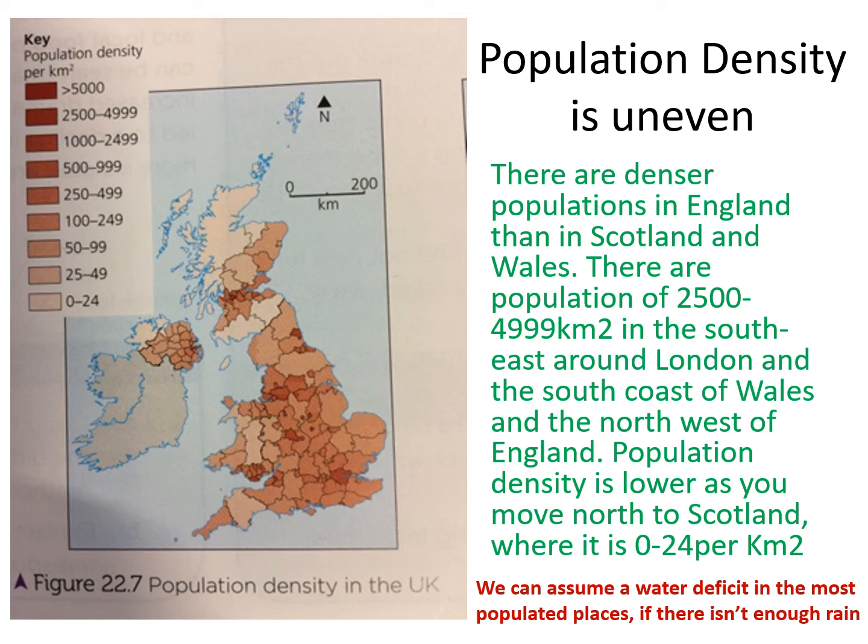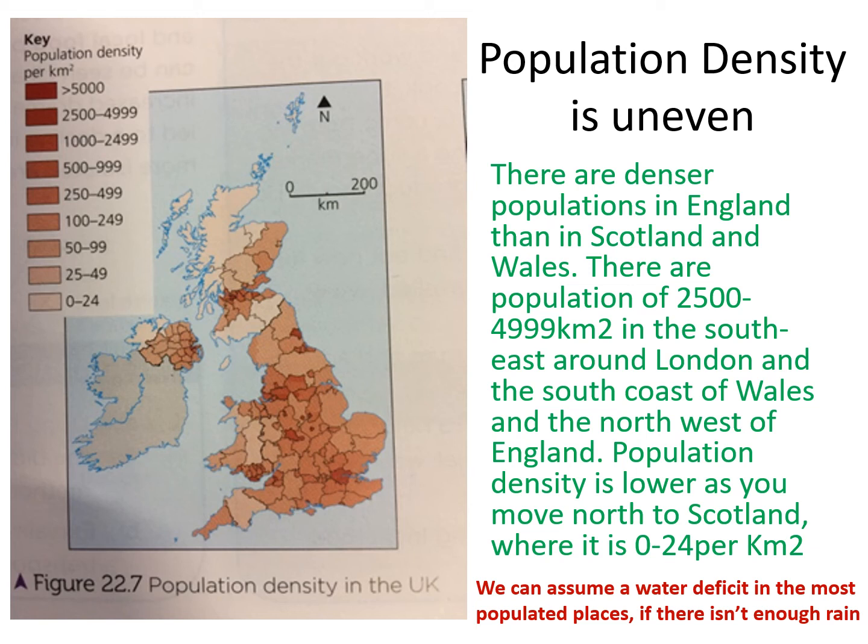So I'm just trying to pick out a few places. Population density is lower as you move north to Scotland, where it is 0 to 24 per kilometre squared. Now again, pause this slide, read my answer, and make sure you can make sense of that using the map.